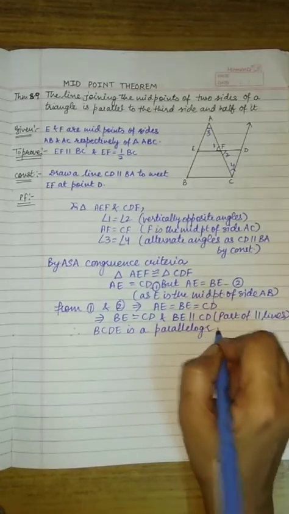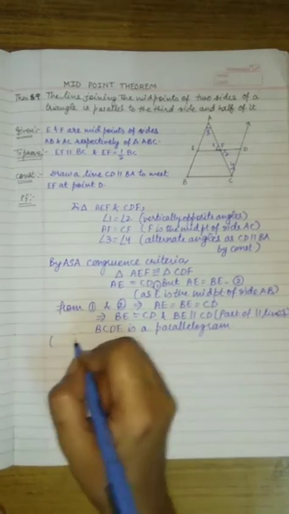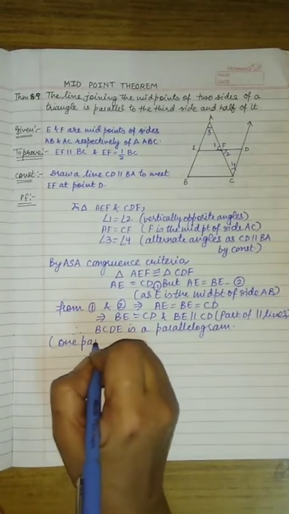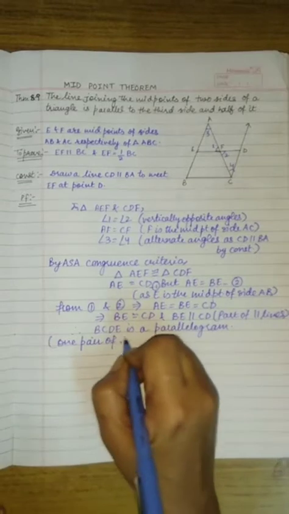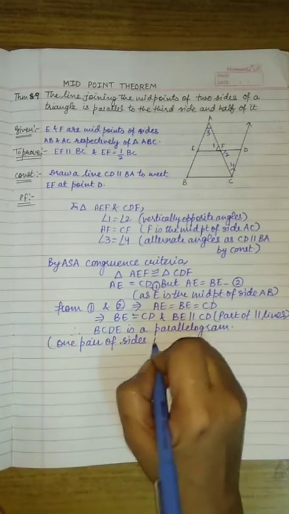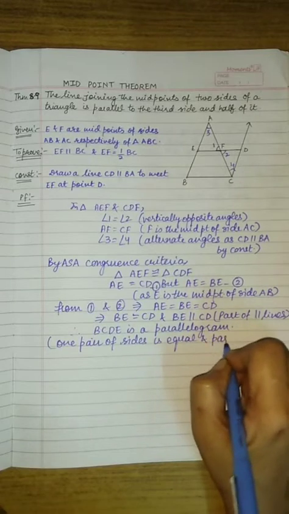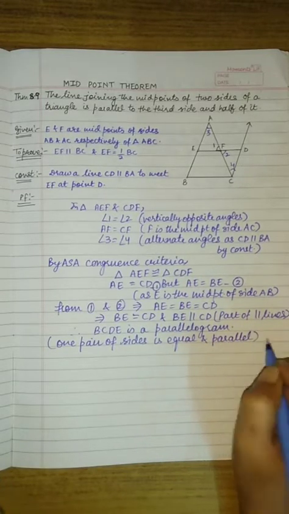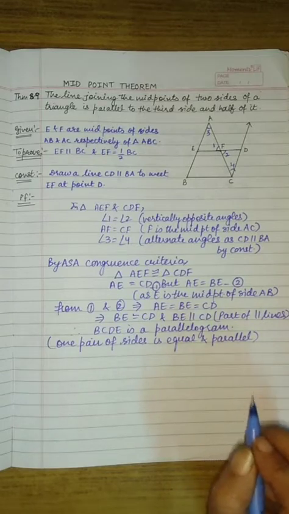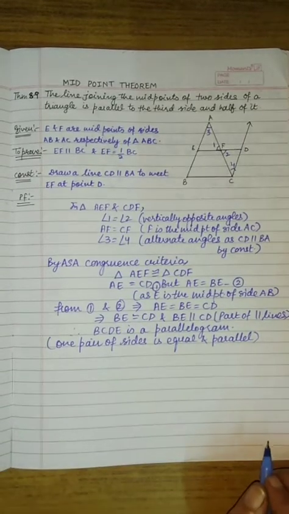Why is it a parallelogram? Because one pair of sides is equal and parallel. If one pair of sides of a quadrilateral is equal and parallel, then it is a parallelogram.